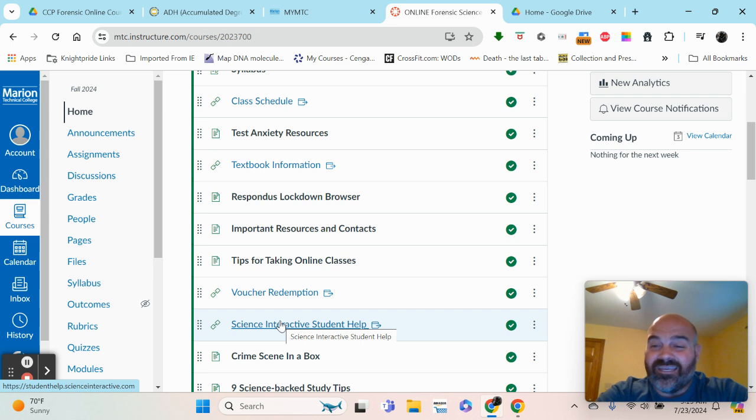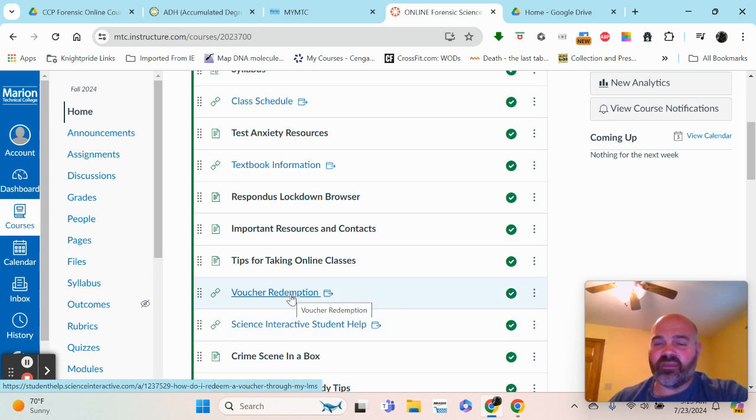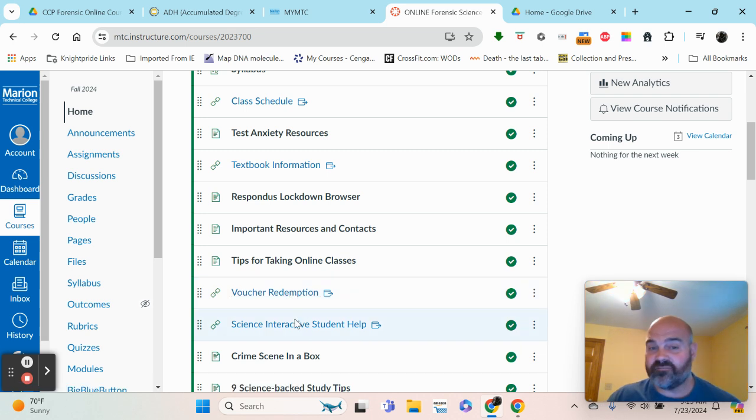You will get a hands-on, real in-person lab kit that you will do with each of your different activities. In order to be able to claim that, you're going to get a voucher. I will email you that voucher. You then will email Science Interactive and they will send you a kit.